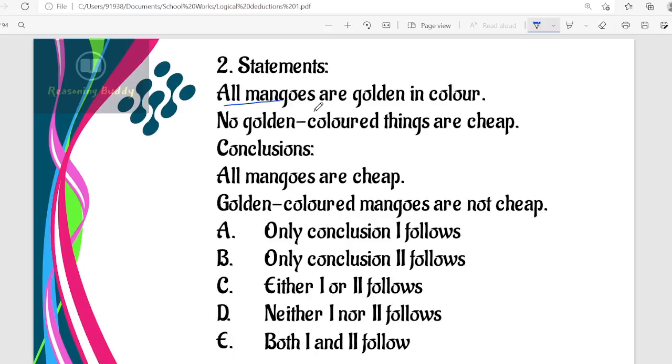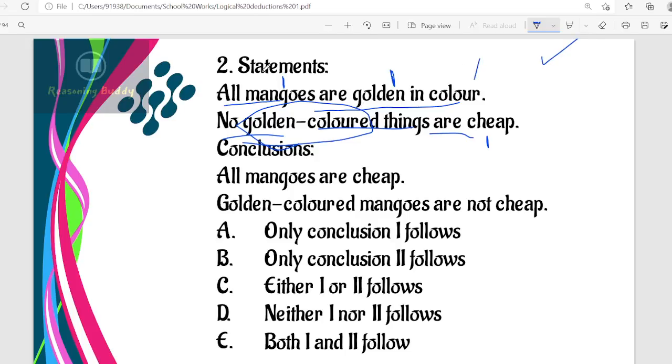All mangoes are golden in color. First of all, we have to apply all the seven rules to the given statements. I am applying the first rule, that three terms must be contained in two statements: one, two, and three. I didn't take golden color because I have taken it in statement one only. So the first rule is applicable.